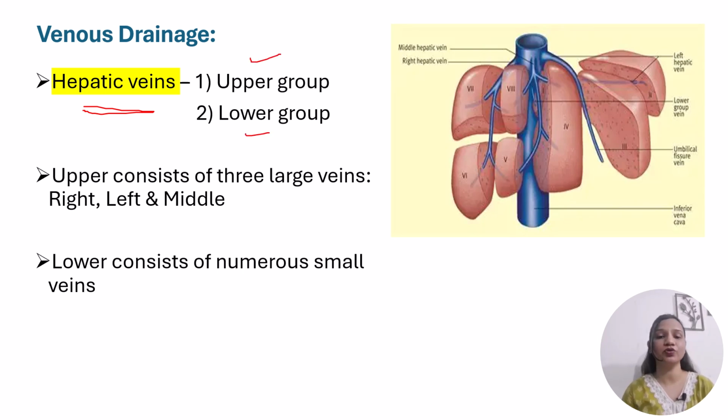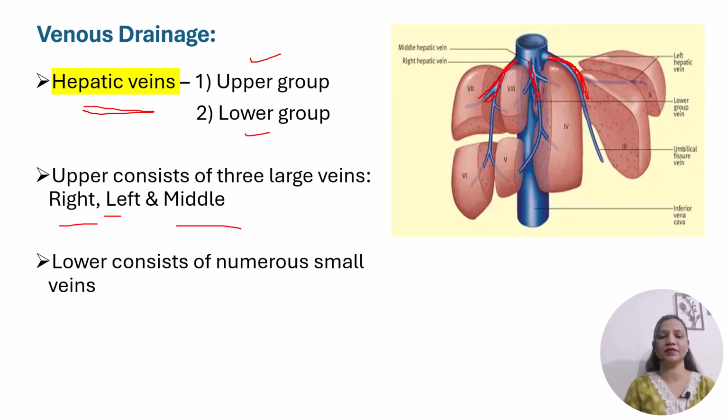The upper group consists of three large veins, which are the right, left and middle vein, which you can appreciate here in this picture. This is the right vein of the upper group, this is the middle vein of the upper group, and this is the left vein of the upper group.